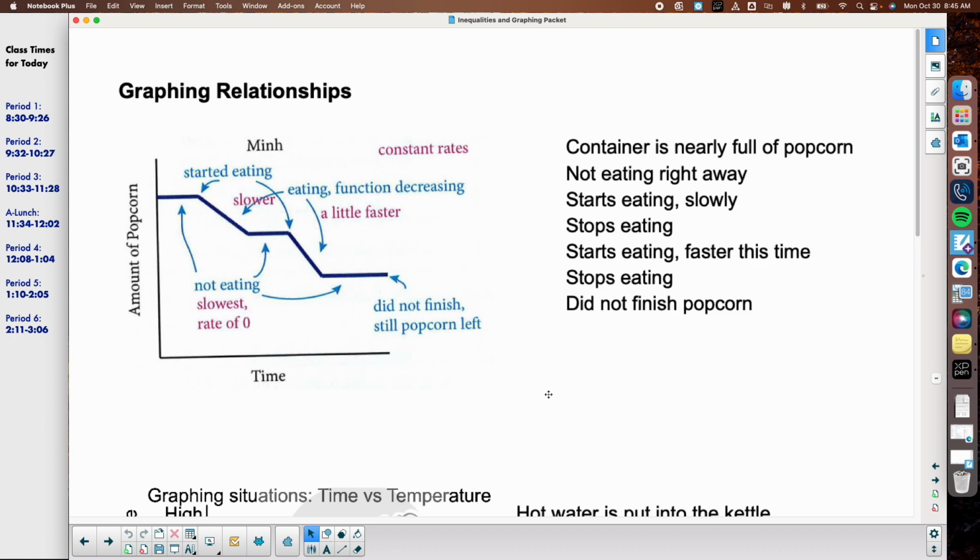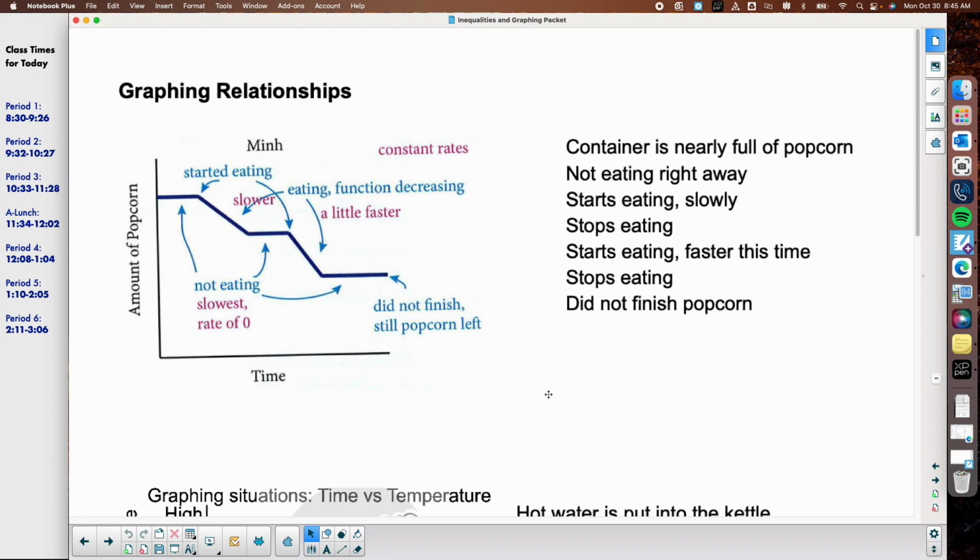Okay, the first picture up there, because I know this may look kind of confusing if you're trying to figure out what you're supposed to do. The first picture is filled in and done for you. It is a graph of somebody eating popcorn.